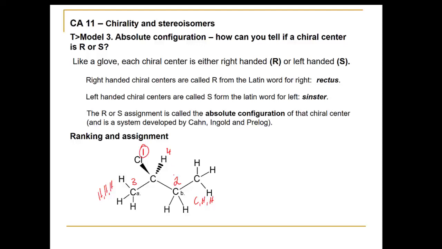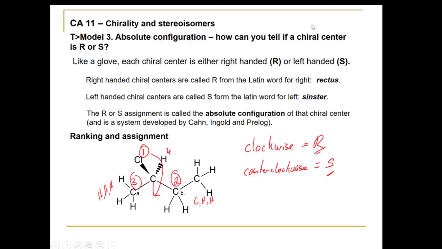So in this case, I got a 1, 2, 3, so I can see that I'm counting in a clockwise direction. And indeed, if I'm counting in a clockwise direction, well, then we designate an R. If it's a counterclockwise direction, well, then, of course, it would be an S. Again, this is a human convention, but we all agree to do this. And so, indeed, you should learn to do this as well.